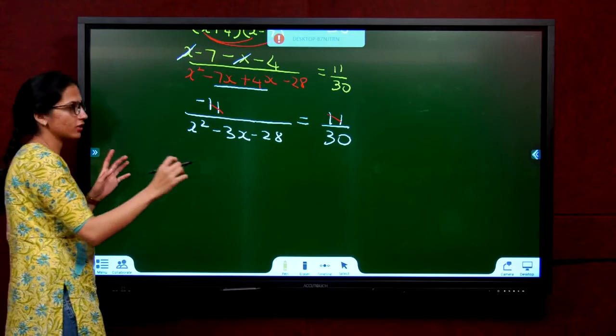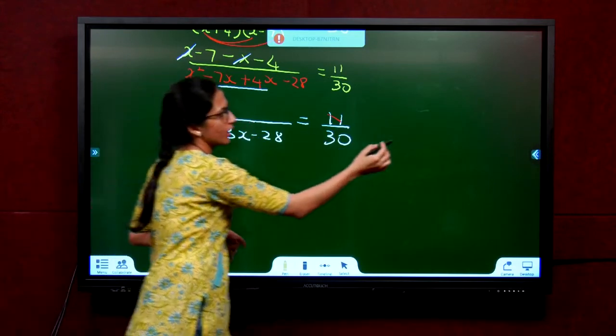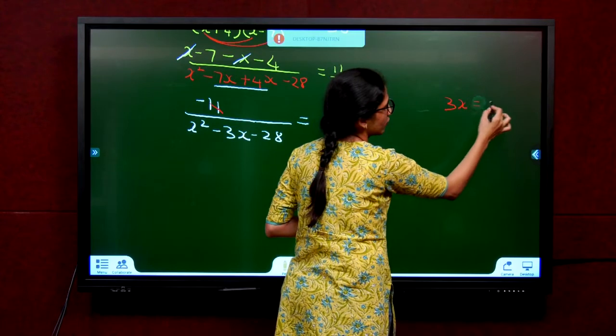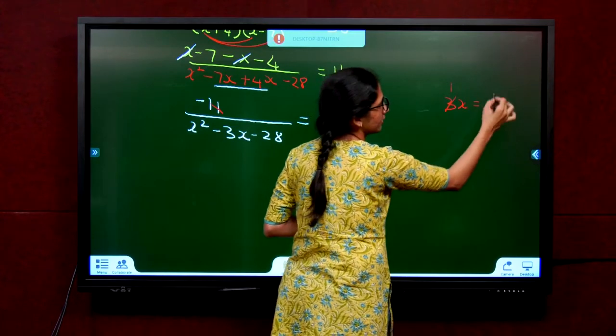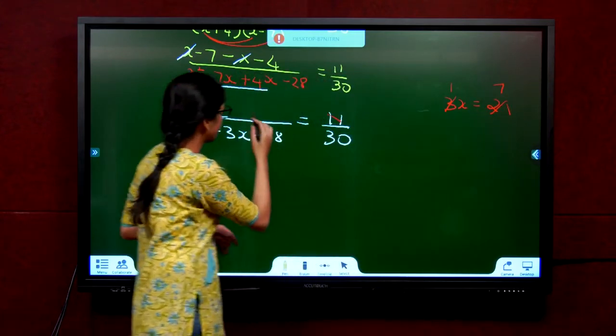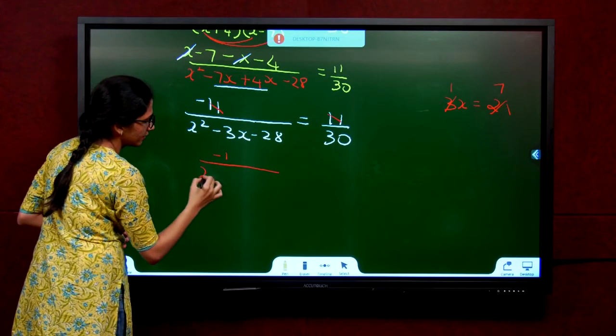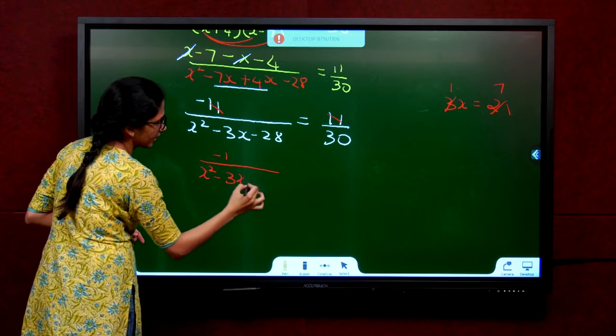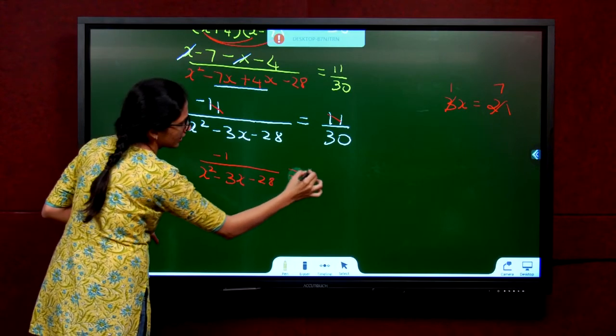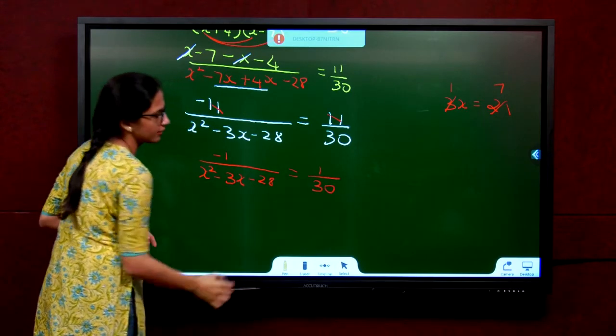Cancel means they don't vanish. This is multiplication. If you have 3x is equal to 21, 3 ones are, 3 sevens are. So if these two cancel, 1 will be left. So minus 1 divided by x square minus 3x minus 28 is equal to 1 by 30.